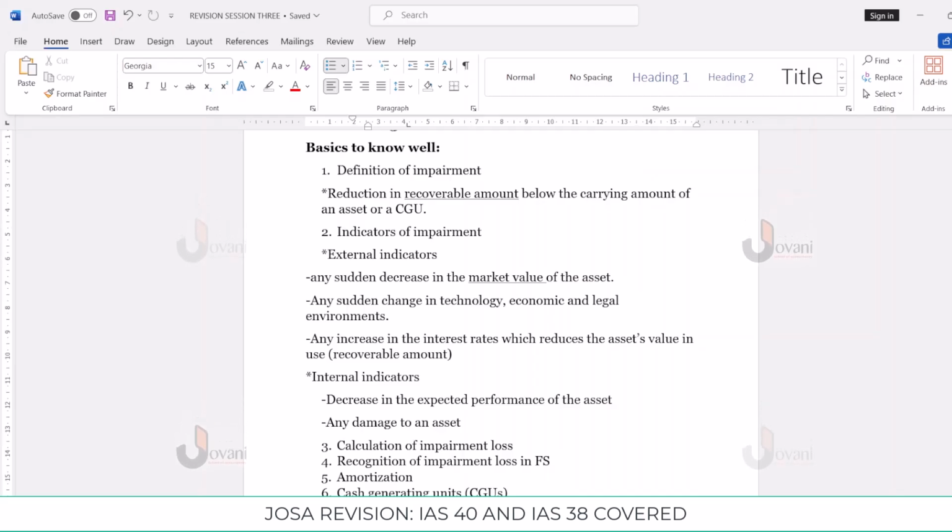Where you talk about impairment, you are likely to talk about events after the reporting period, depending on how they phrase the question and the scenario. Do you get it? We shall have a question, and I have a summary of those standards that move hand in hand. If you talk about this standard, you cannot miss out this one. And trust me, it works out.